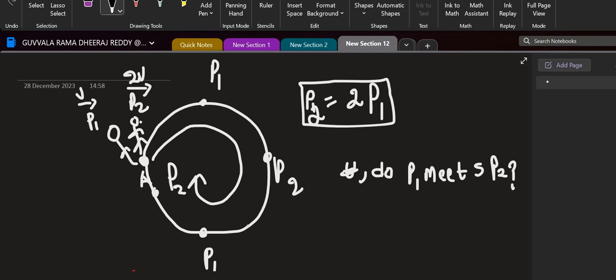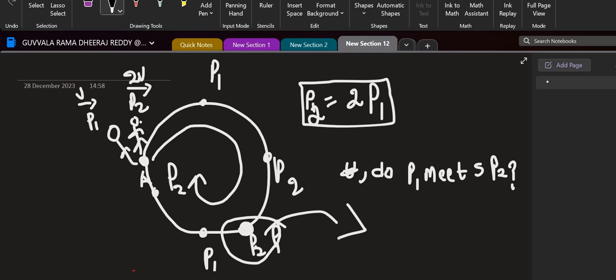That means, at any point, will P1 and P2 come to the same point when they are looping with different speeds? At any time t, maybe they have looped multiple times, but at a certain time t, will P1 and P2 come to the same point when they are at different speeds and P2's speed is double P1's?